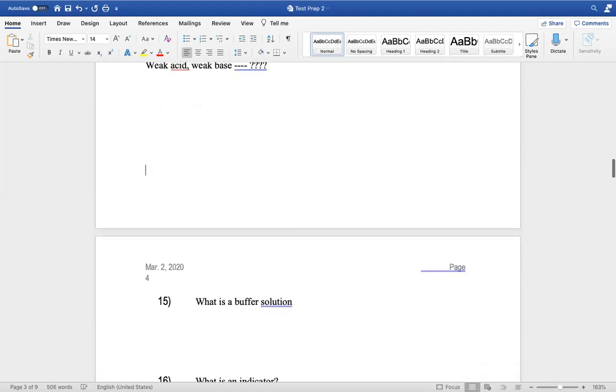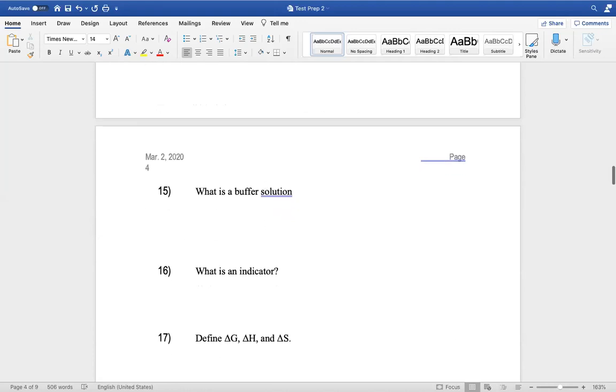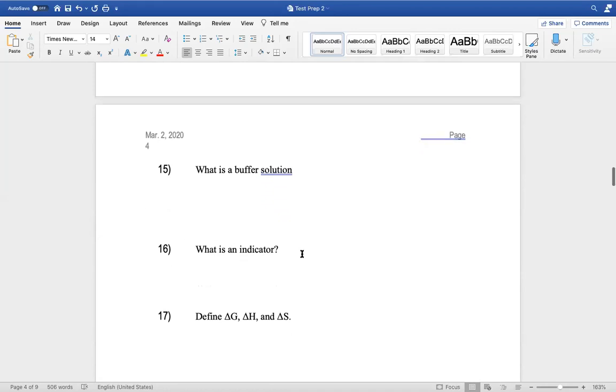Move this on down. So what is a buffer solution? Do y'all remember the definition of a buffer solution? No. All right, so a buffer solution is, let me look up the actual definition. It's a solution which resists changes in pH upon the addition of small amounts of strong acid or strong base.